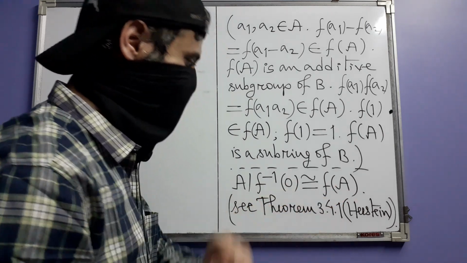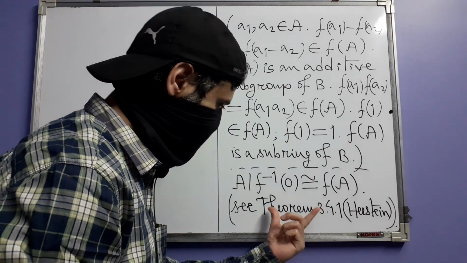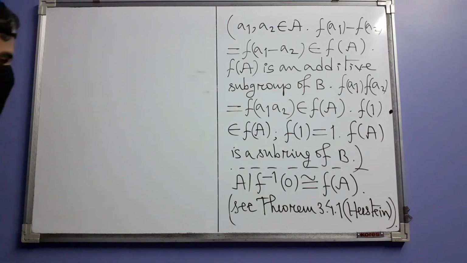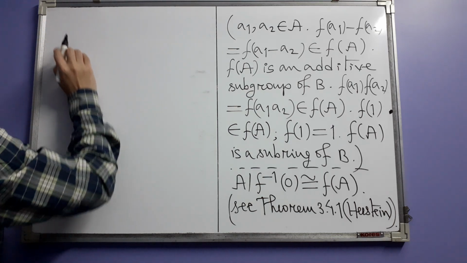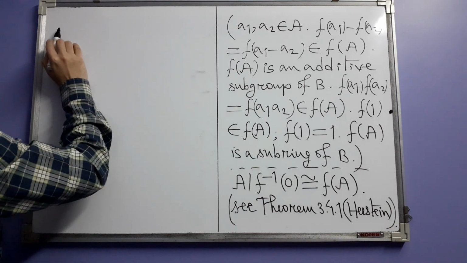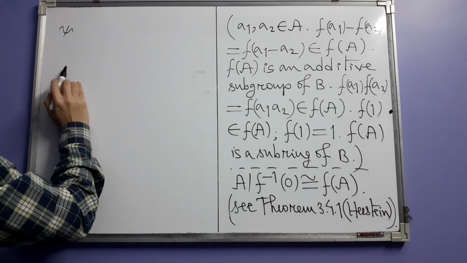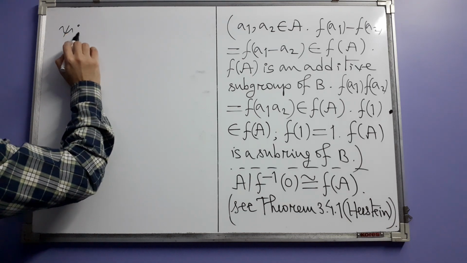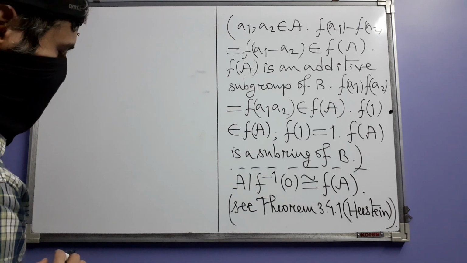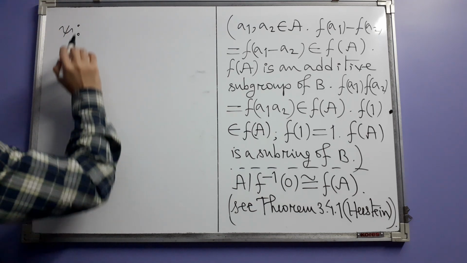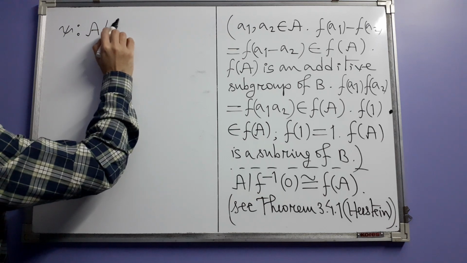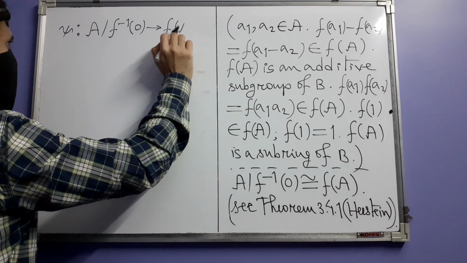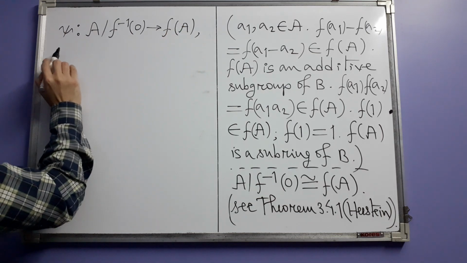Say you do not have this theorem, but you want to prove this theorem itself in this special case. Then what will you do? What did we do there? We set up a mapping psi. Do not confuse this psi with that other psi we wrote. Okay, this is something else. And the definition of psi was this.